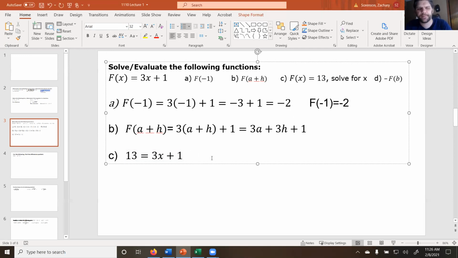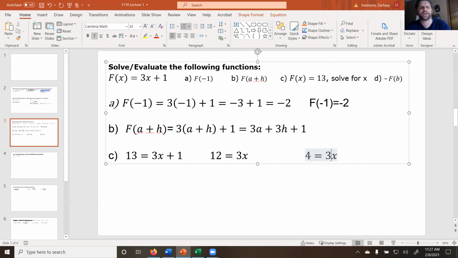How do I do that? Subtract 1 from both sides and then divide by 3. So here I get x is equal to 4.